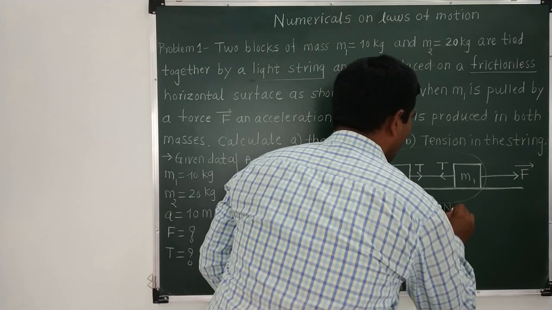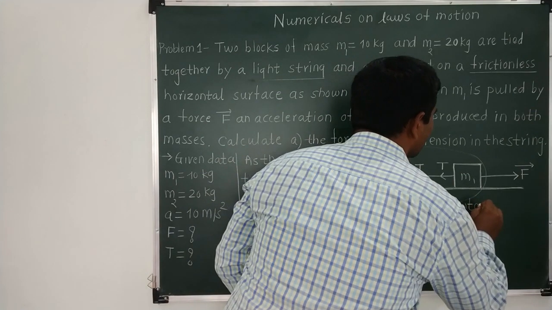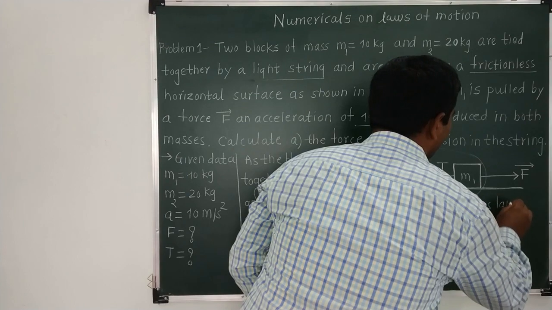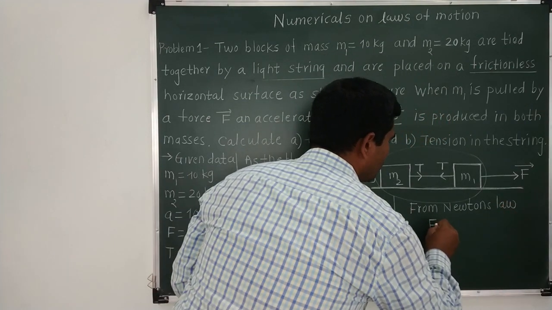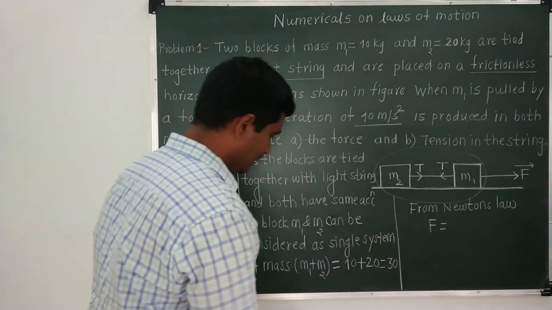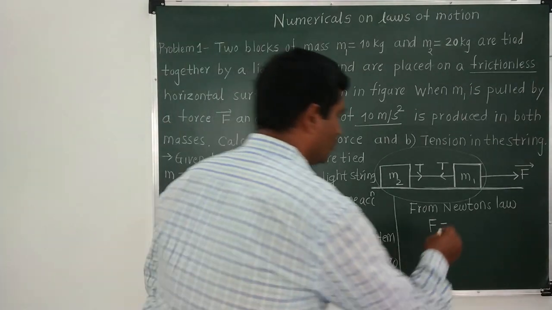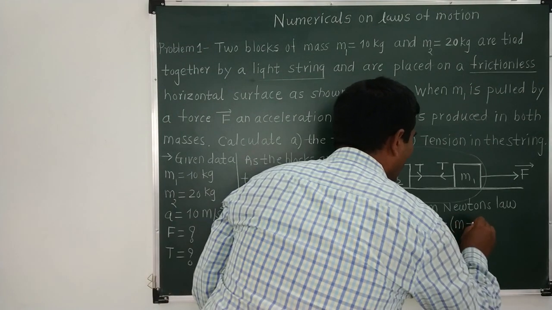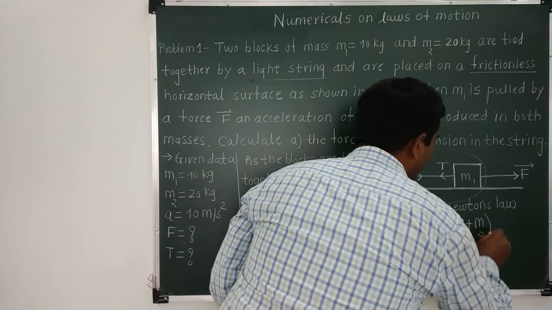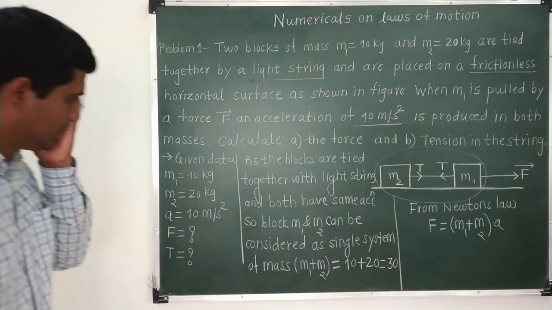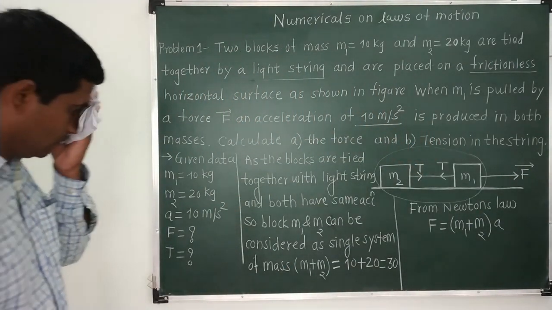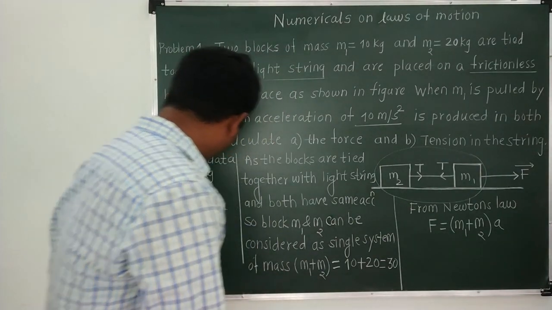From Newton's law, you can write force is equal to mass into acceleration. In our case, the mass of the system is M1 plus M2, into acceleration, which is 10. Now we have to find the force.